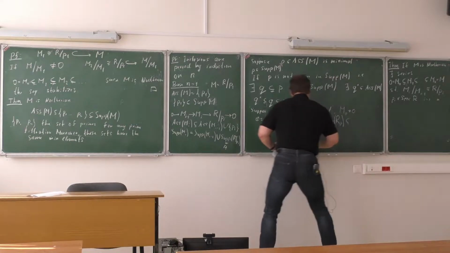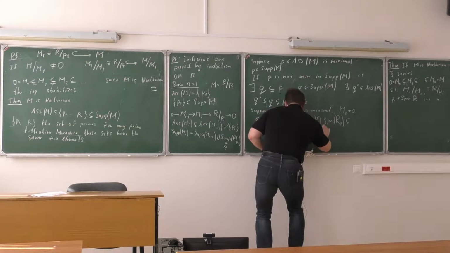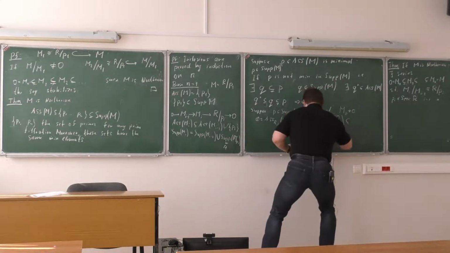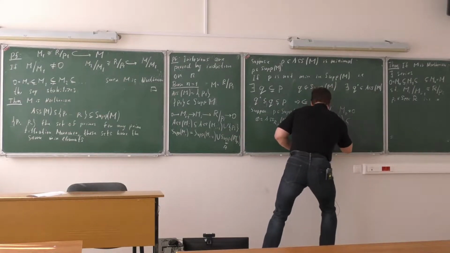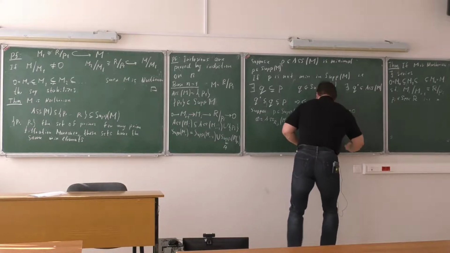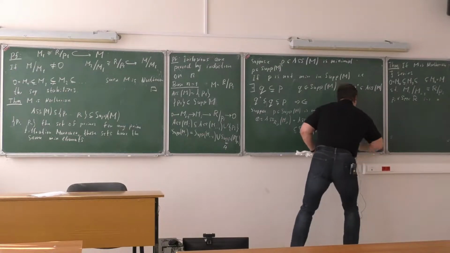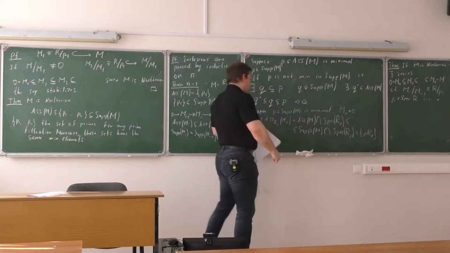So this is contained in the support of M, and this is in the spec R_P. And I claim that this is the same thing as the set consisting of only one element, PR_P.